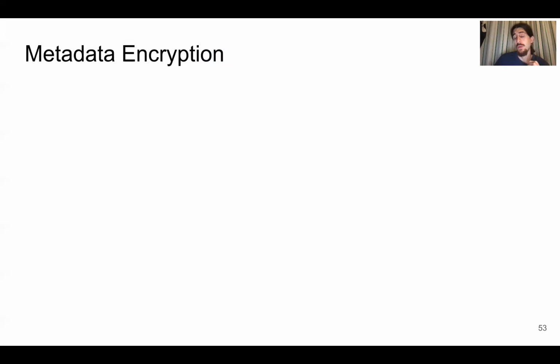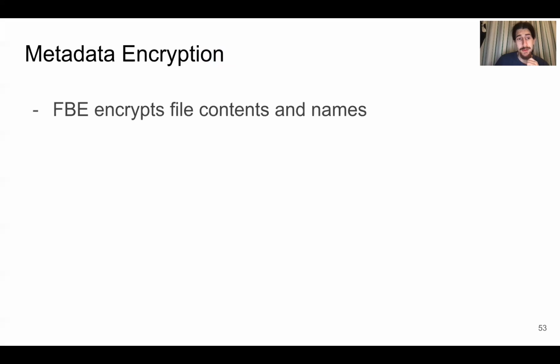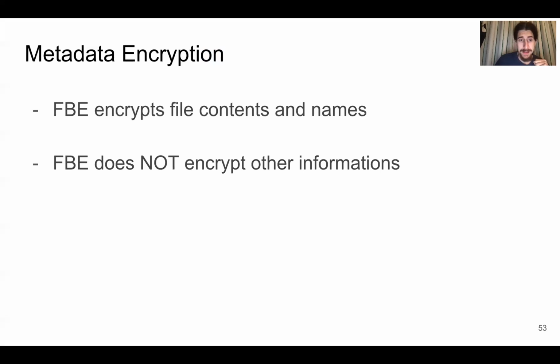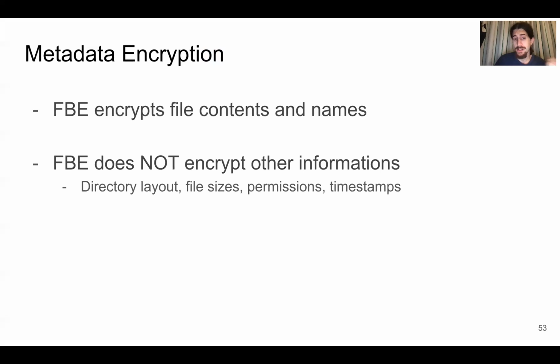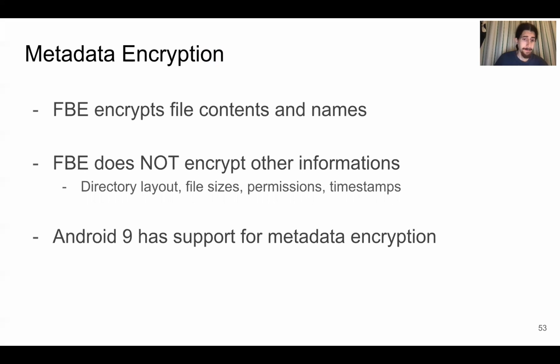One problem with file-based encryption is that it would encrypt the file contents and names, but it will not encrypt other information such as metadata. For example, it will not encrypt the directory layout, the file size, the permissions, the timestamps, and depending on the scenario, this could leak private information, and that's why it's seen as a con. So metadata was not encrypted.